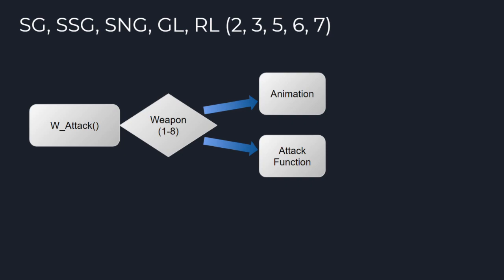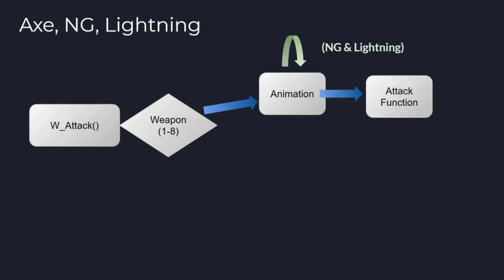Here's where the other 3 are different. Rather than being triggered sort of in parallel, the attack function is triggered by the animation. So same thing, weapon attack checks the logic, what weapon are you using, and for the axe, nail gun, and lightning gun, it then triggers just the animation, and the animation is responsible for triggering the attack function. And each weapon does this for its own different reasons.